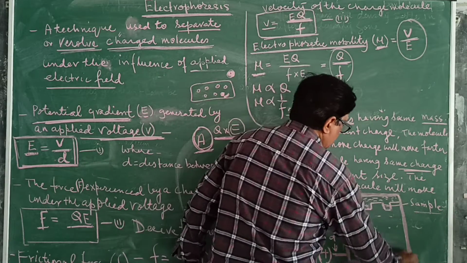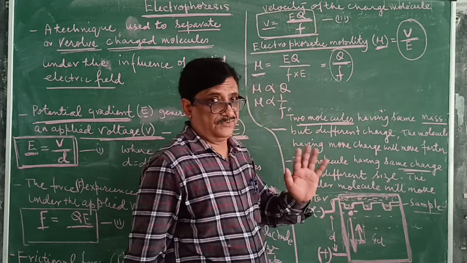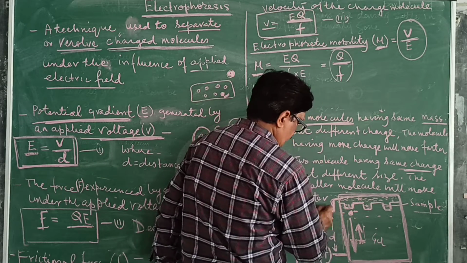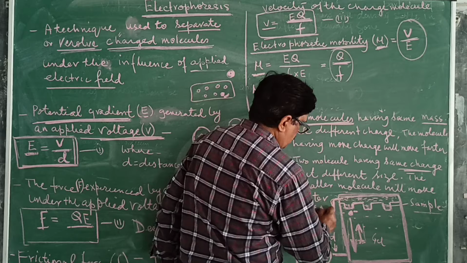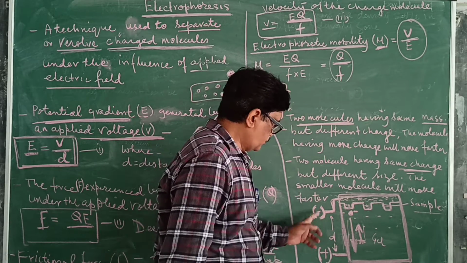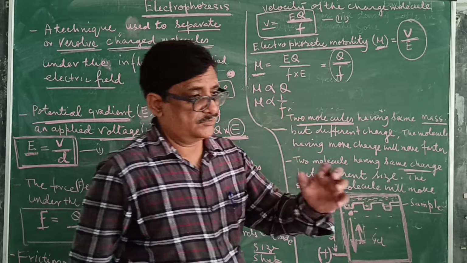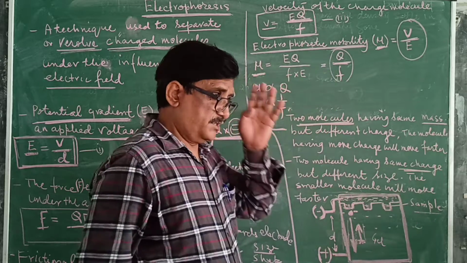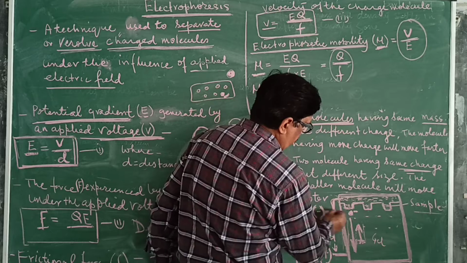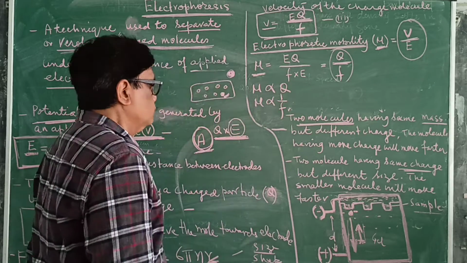The cabinet and the buffer are connected to electrodes, cathode and anode. Generally, when negatively charged molecules are to be separated, the cathode is directed towards the well and the anode is away from the well. Okay.